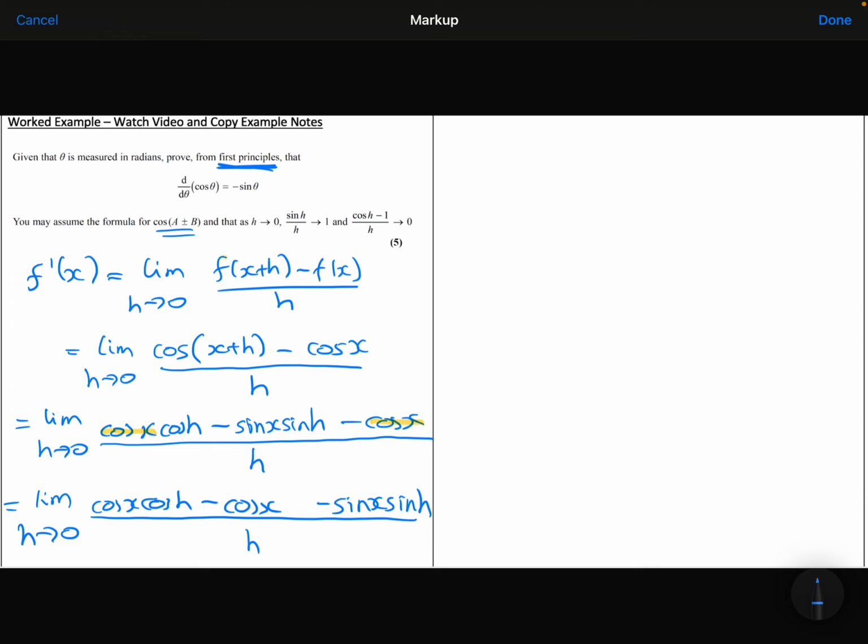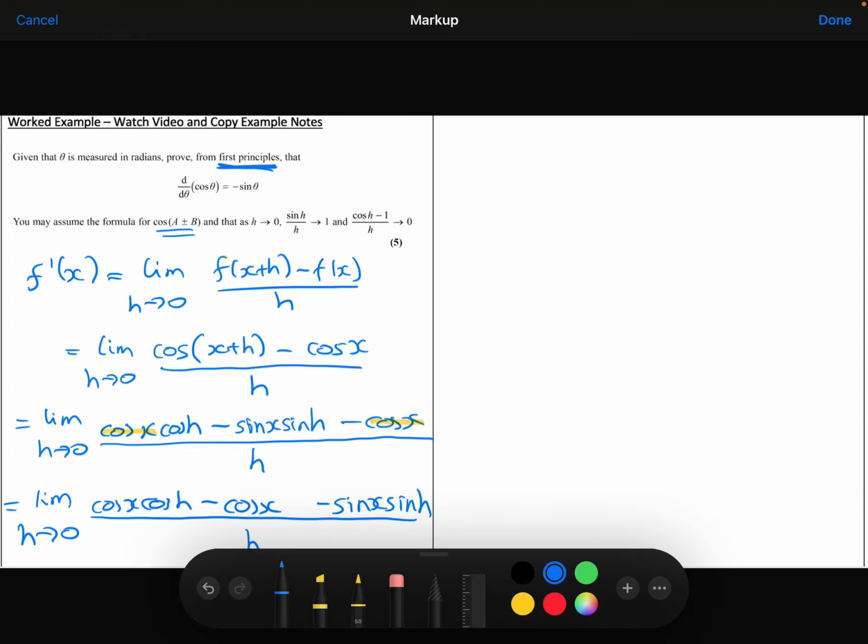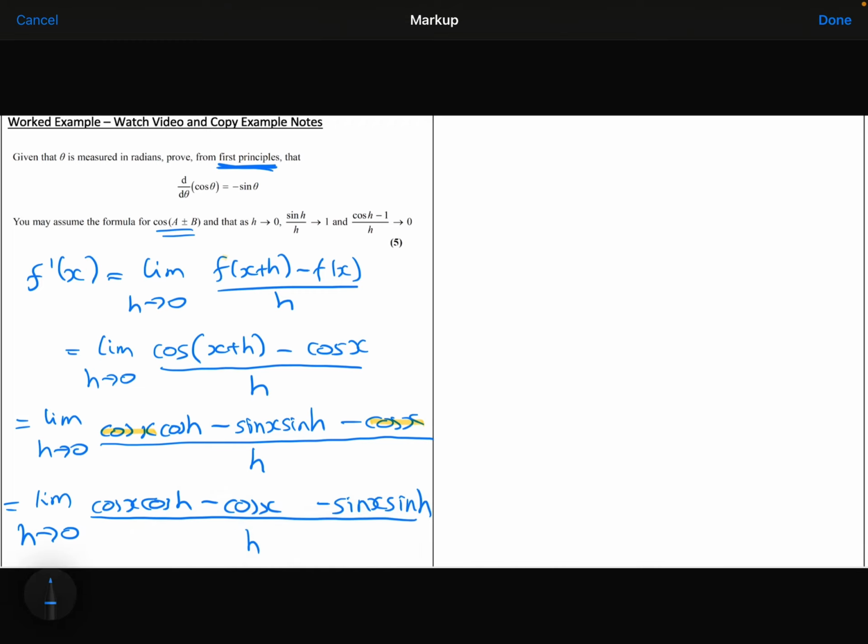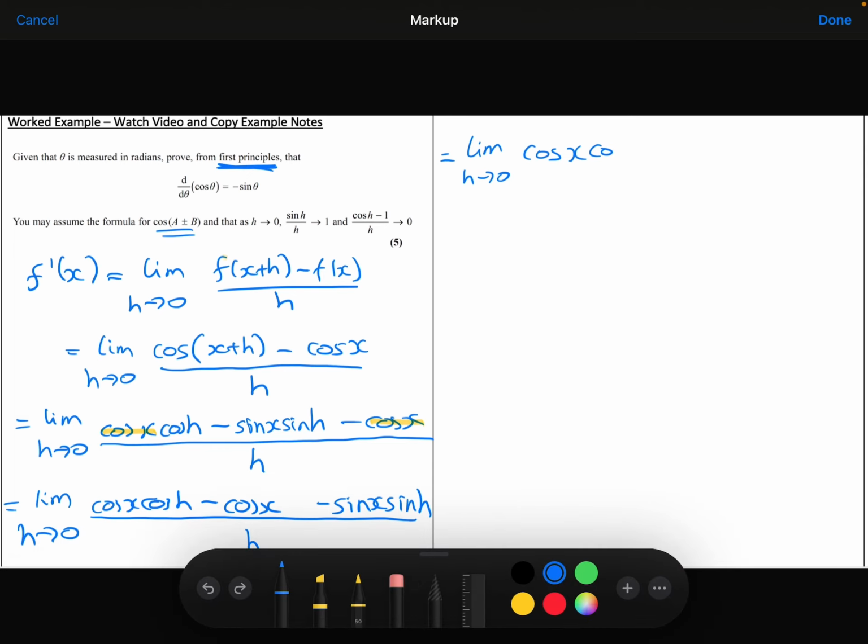I'm now going to split this up into two separate limits, a cos limit and a sine limit, so that I can apply these two limits separately. So I'm going to rewrite this as the limit as h tends towards 0 of cos x cos h minus cos x, over h.